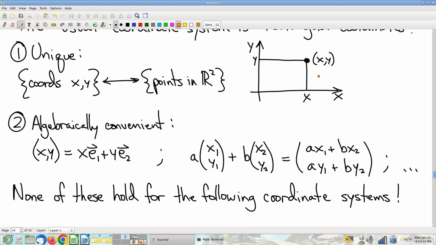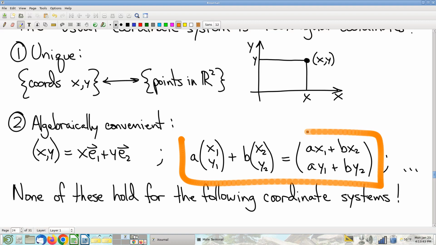Okay, next thing, algebraic convenience. Of course, we have this really handy relationship about how to relate the coordinates of a point with the coefficients in the linear combination of standard basis vectors that gives you that point. Arguably this is the definition of coordinates in some senses: what multiples of E1 and E2 get you to that point? And now here's a broader statement.